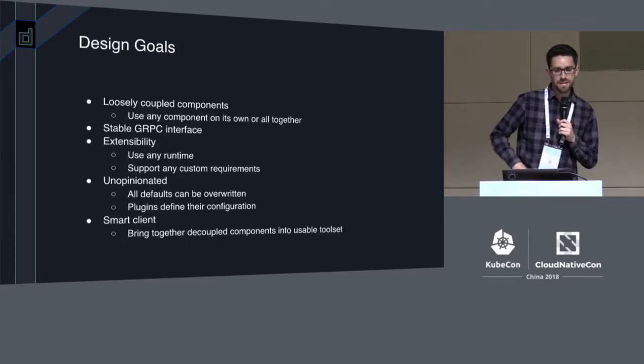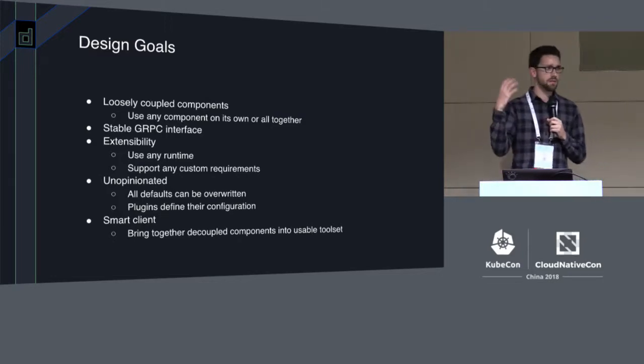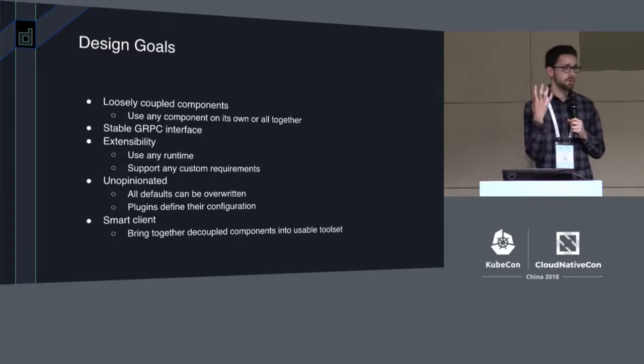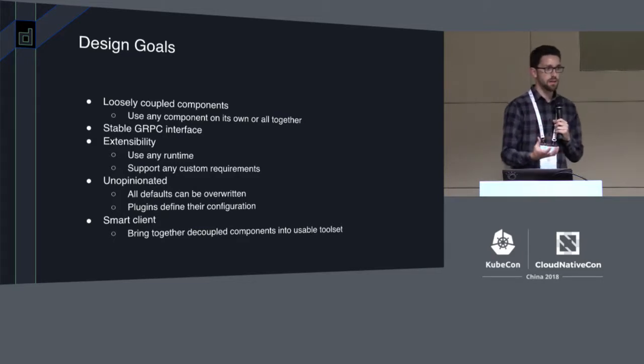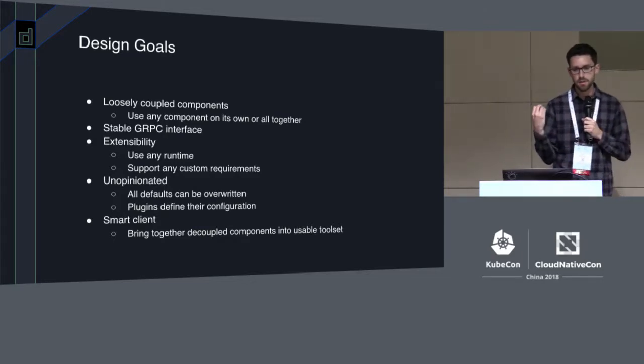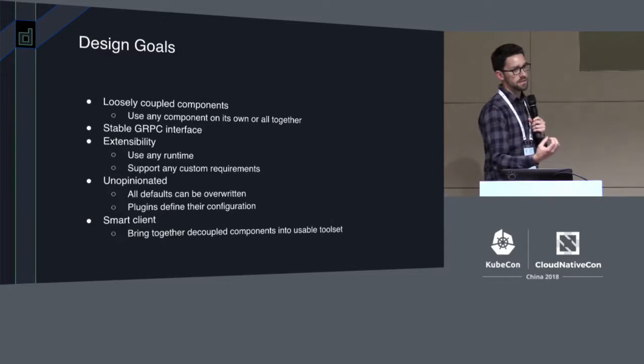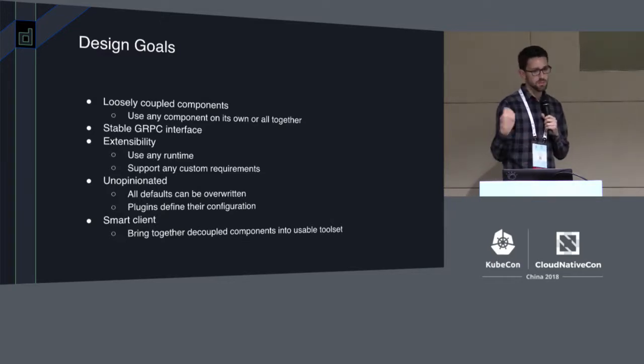So the design of Containerd is mainly around having stable, loosely coupled components. Each of these components has clean interfaces and small scopes. Having a stable gRPC interface will allow for upgrading Containerd without breaking clients. Having a design that's extensible so that you can use any runtime.